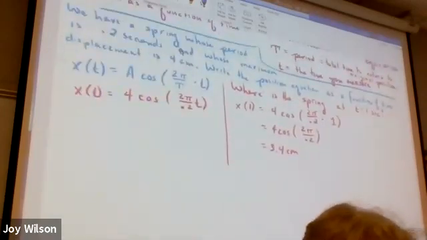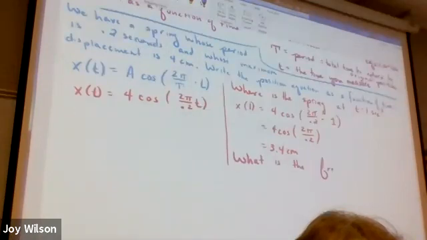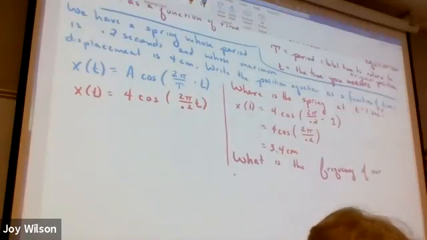Okay, so let's ask that question. What is the frequency of our movement? Remember, frequency tells me how many complete paths I get in 1 second. So let's see, what is our period? Well, period equals 1 over frequency.